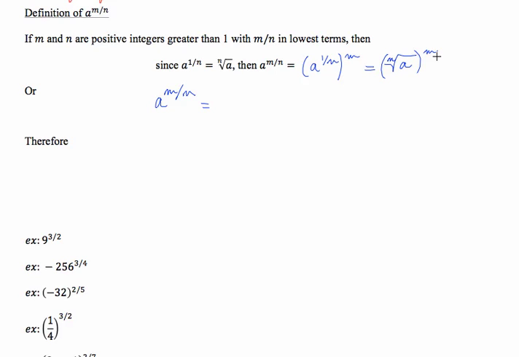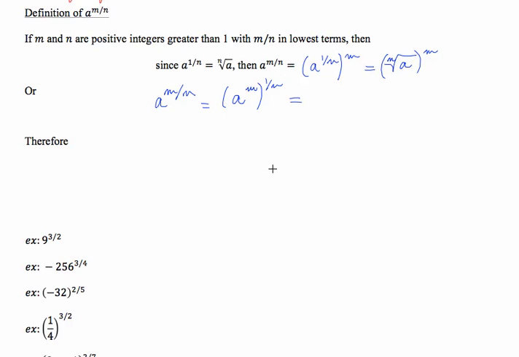What I'd like to do is write it in a slightly different way, because there's actually two ways you can do this. Instead of splitting it up in this order, I could have also written it as a to the m all to the power of 1 over n. So you could also split that fraction up like so. There's no reason it has to be one way or the other, because order of multiplication doesn't matter. x times y is the same as y times x.